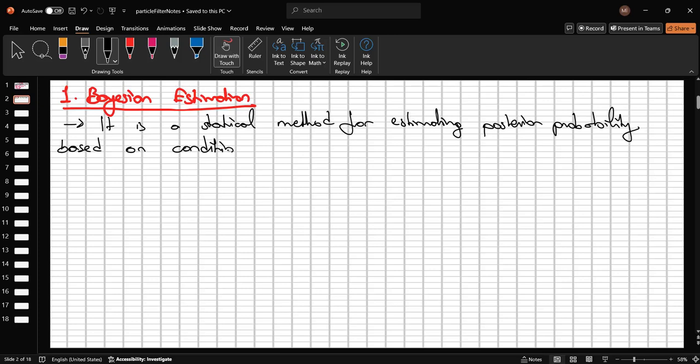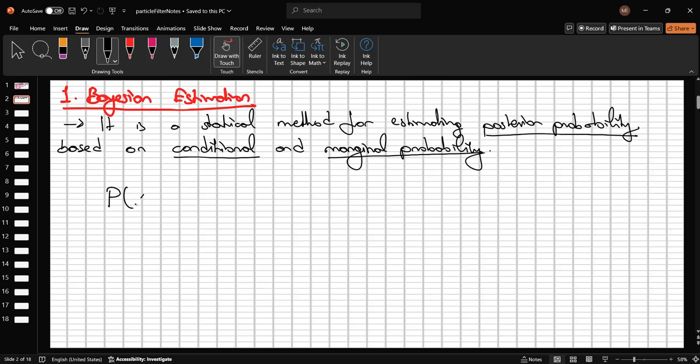Firstly, we need to utilize the conditional and marginal probability. Okay, so this is important, and also these are important concepts. Okay, and so how can we define that?